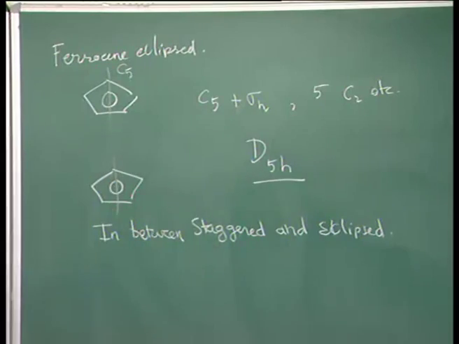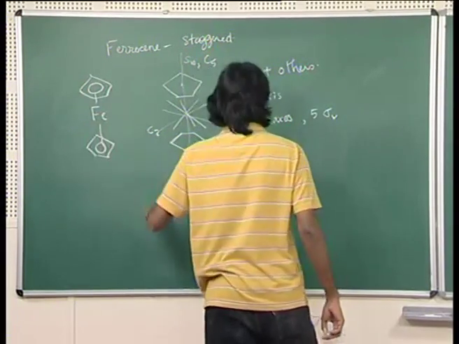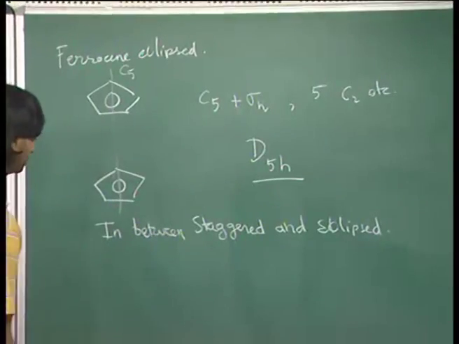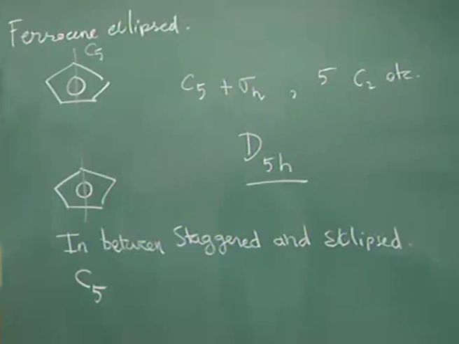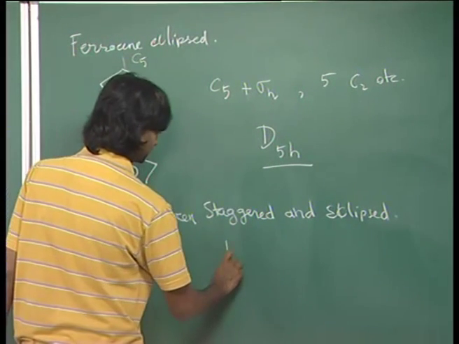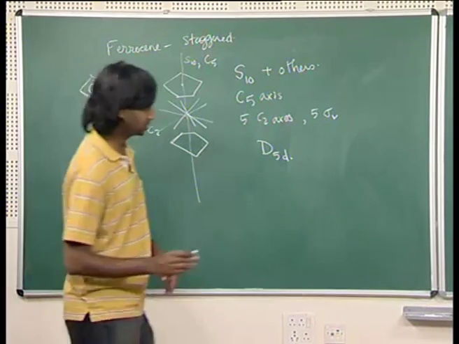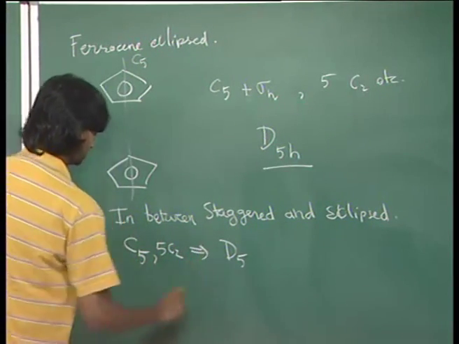If you take anything in between staggered and eclipsed, where these two are not exactly in the staggered or the eclipsed conformation, then you will definitely still have the C5 axis, but you won't have the other elements. So it could be D5. You have C5 and you have 5 C2, so that implies D5.